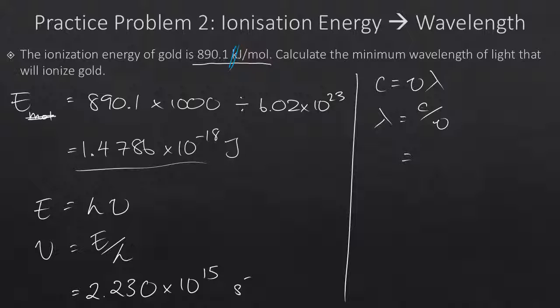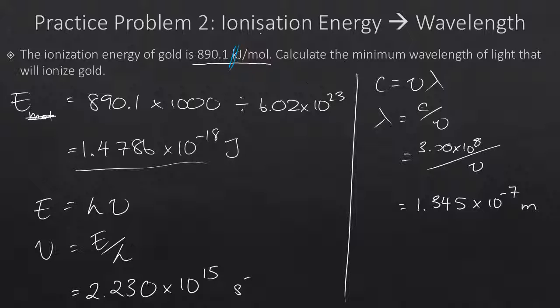So our wavelength is C, which is the speed of light, which again is in section 2, and that is 3.00 by 10 to the 8 divided by what we figured out over the other side for nu. So that wavelength is 1.345 by 10 to the negative 7 meters.